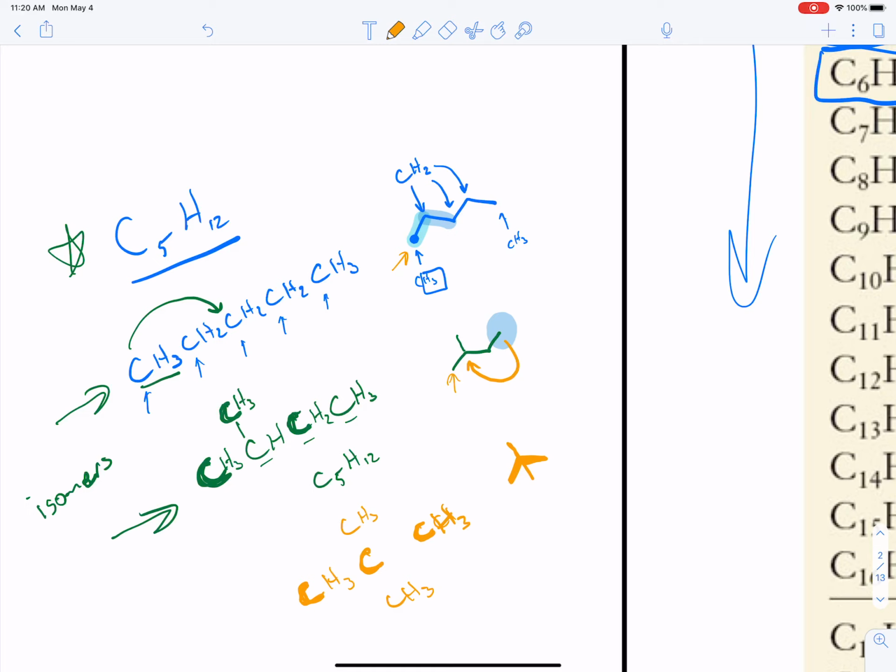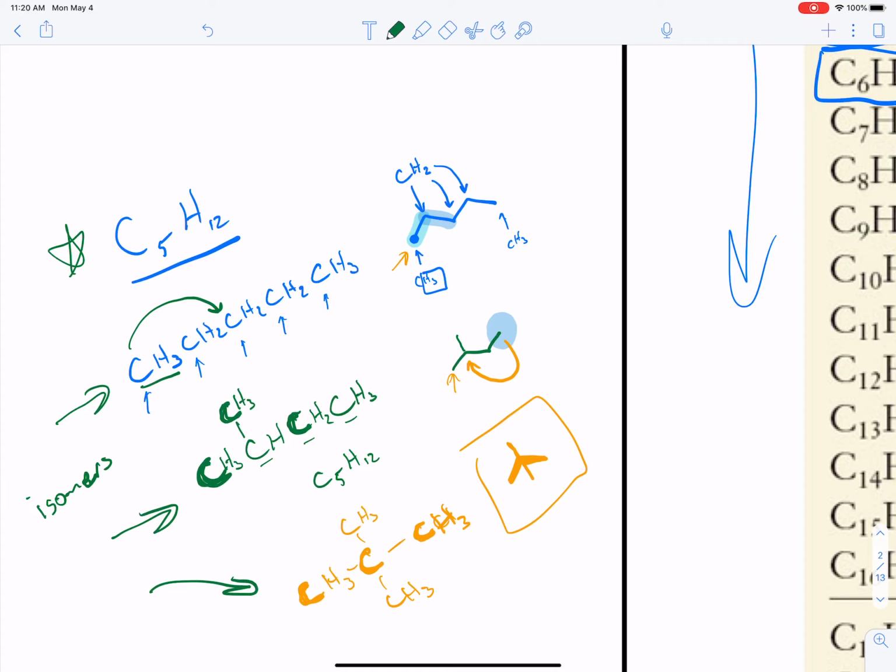So then that means this carbon right here in the middle has 4 bonds, each to those CH3s. Is that what I showed in my chicken foot? Yeah. So we have yet another isomer here. 3 isomers just for C5H12. That molecular formula doesn't tell you anything about the overall structure.